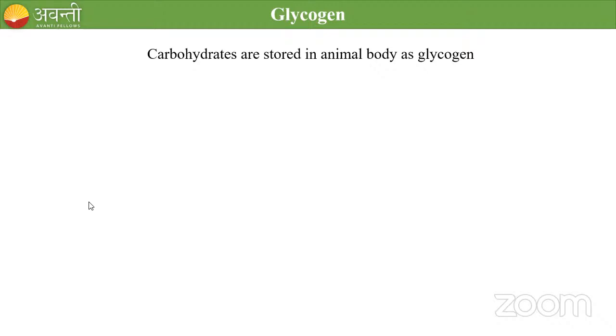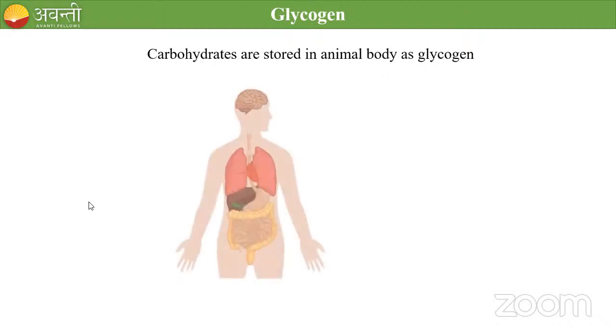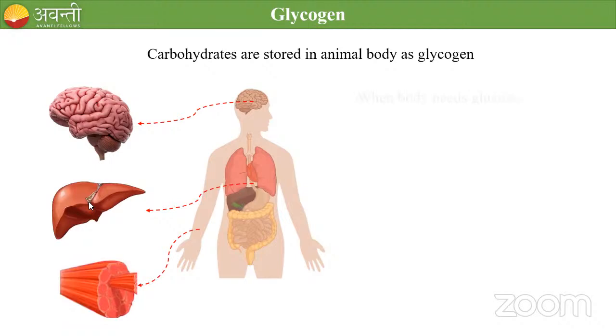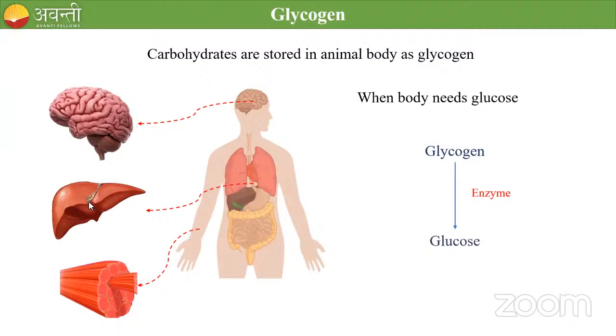When the body needs glucose, the glycogen is acted on by an enzyme and breaks down into glucose.